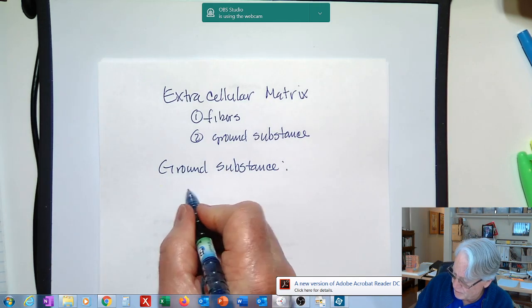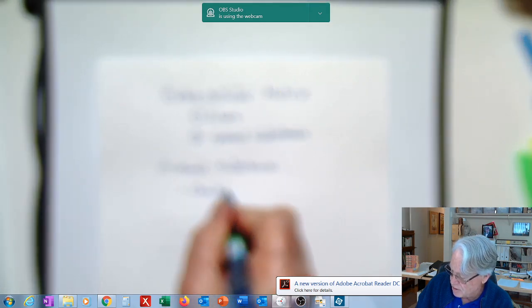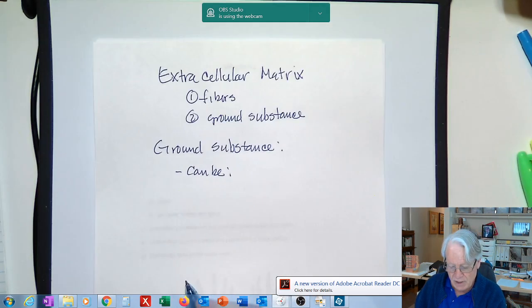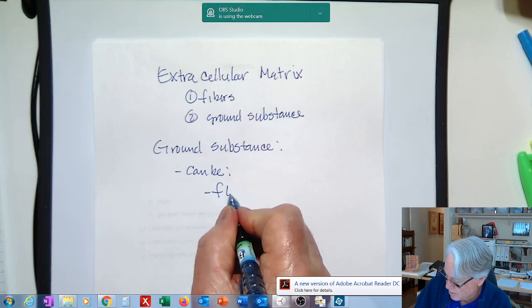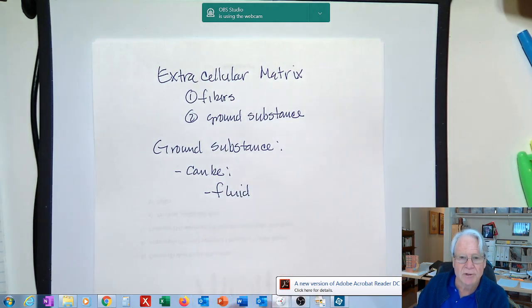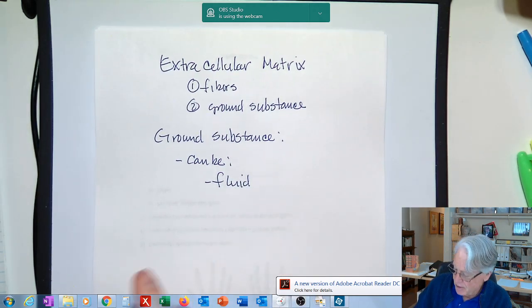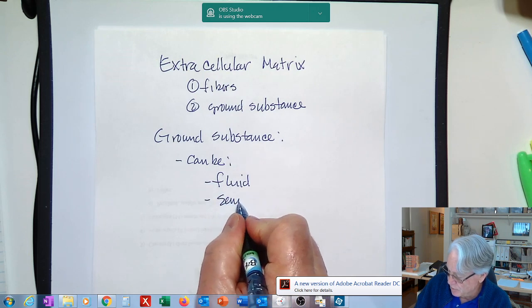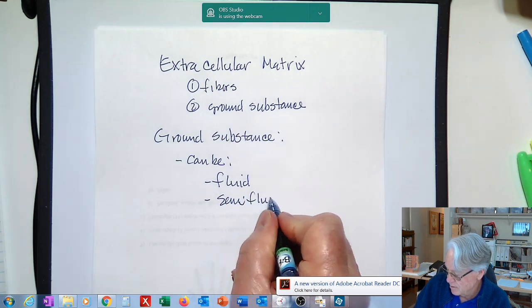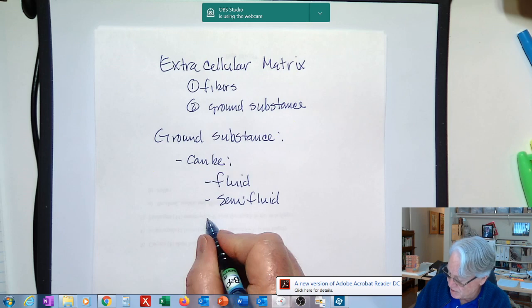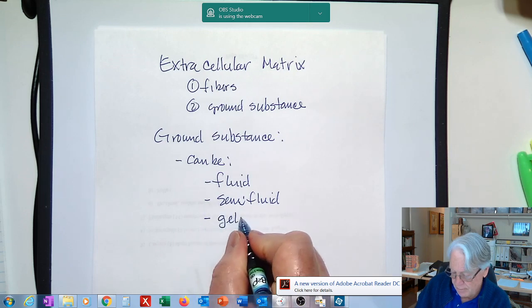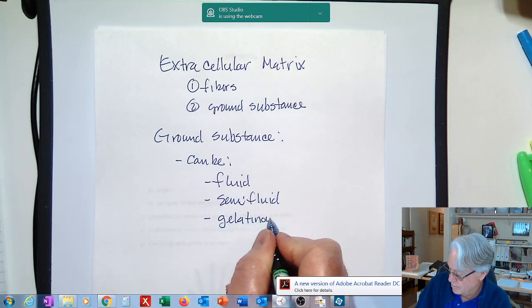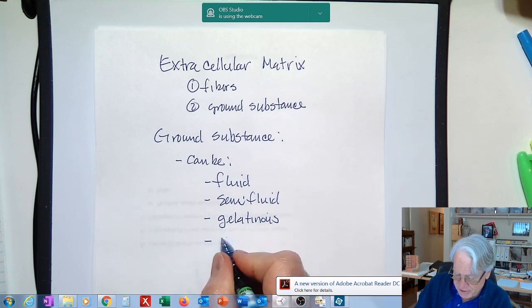The ground substance can be fluid, for example, blood. It can be semi-fluid. It could be gelatinous, or it can be calcified.